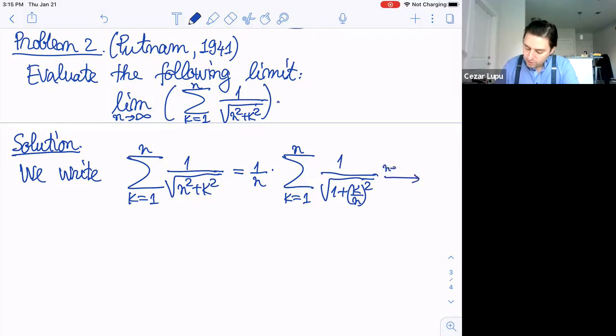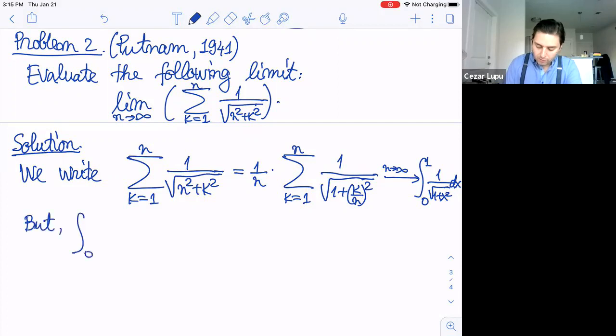And this will converge as n approaches infinity to the integral from 0 to 1 of 1 over the square root of 1 plus x squared dx, right? And this can be computed.